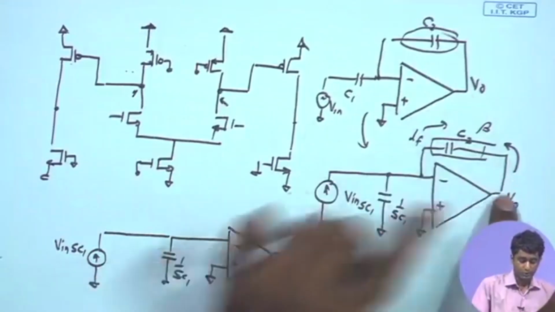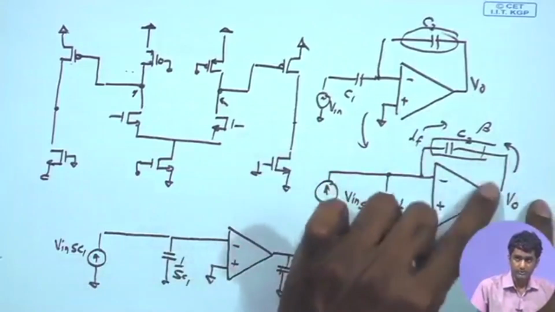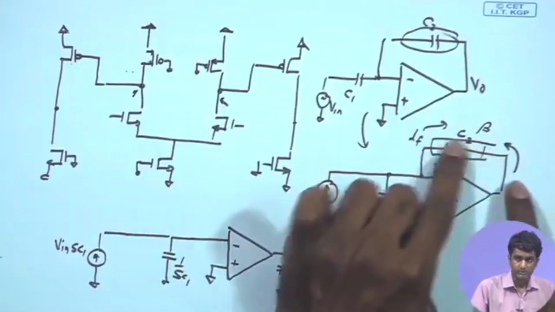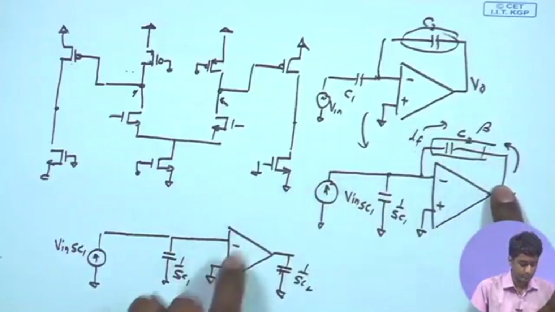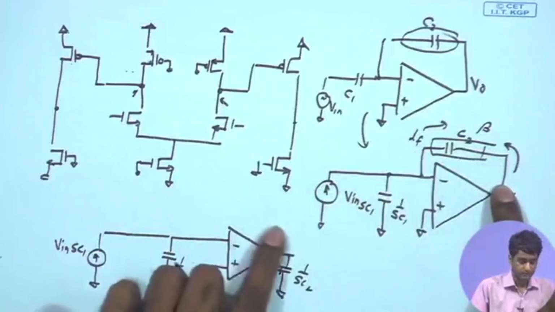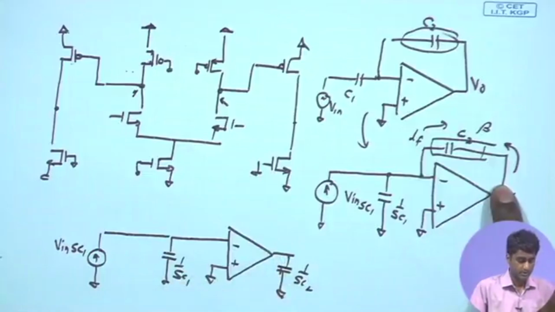Therefore, I will put an impedance 1 upon SC2 over here from the output to the ground. So, whenever we are opening the loop for a shunt configuration, looking into the input port of the feedback network, the other terminal is shunt, and therefore, we put a ground over there. So, we have 1 upon SC2 coming over here.